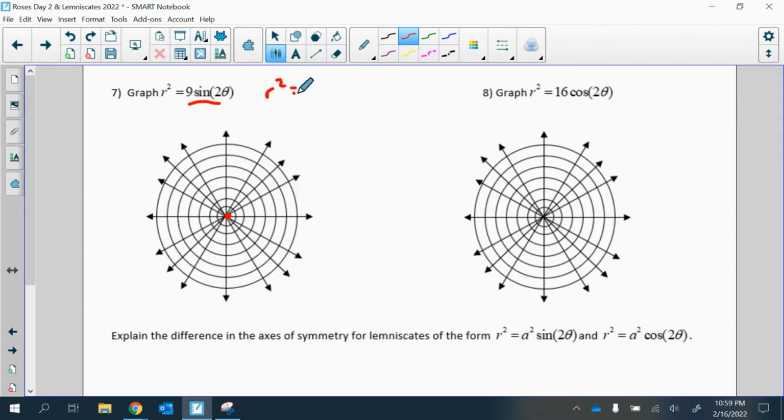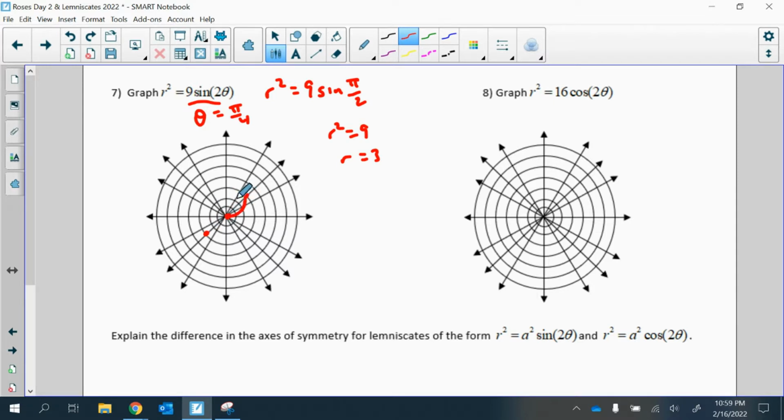So I'd end up with r squared equals 9 sine of, if theta is pi over 4, I get pi over 2. So r squared would be 9, and r would be plus or minus 3, essentially, right? So when I have theta equals pi over 4, I end up with a maximum value at 3. And since it's plus or minus, it goes to both sides.